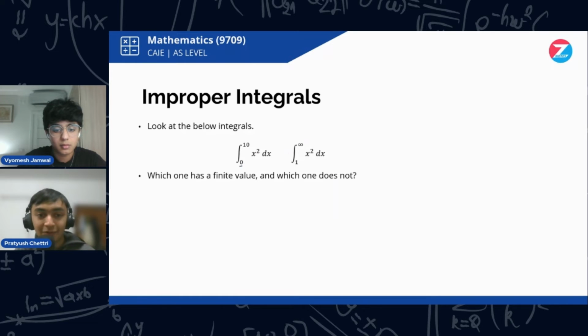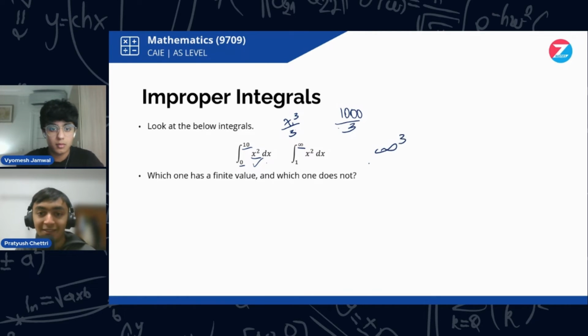That just goes from 0 to 10. Obviously, 10 squared is just 100. That's finite. But even if you integrate it, you get 10 cubed by 3, so 1,000 by 3, that's the value of this, right? That's finite. But to infinity, what?